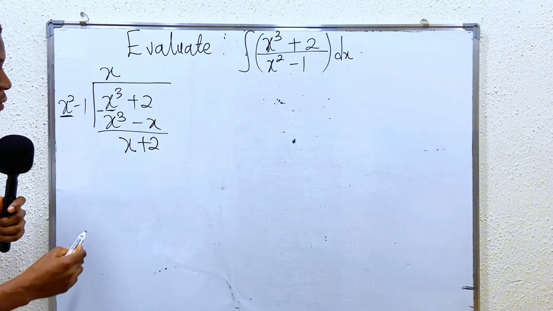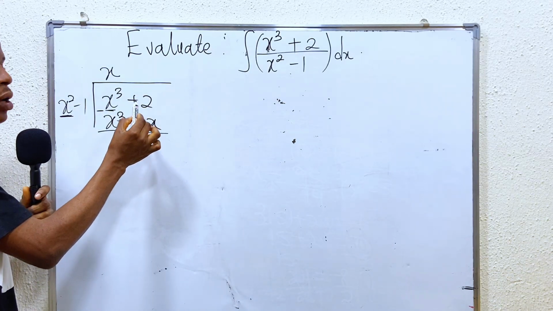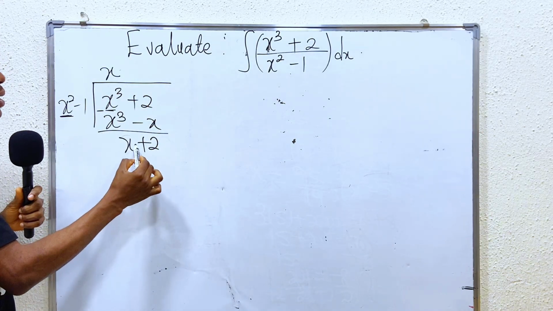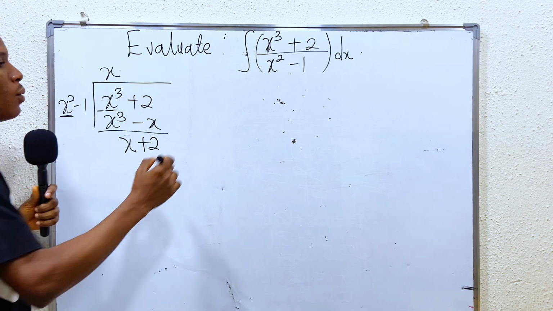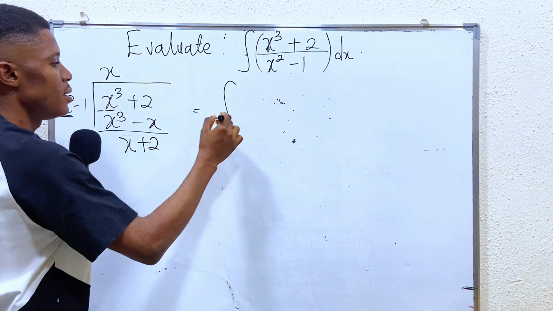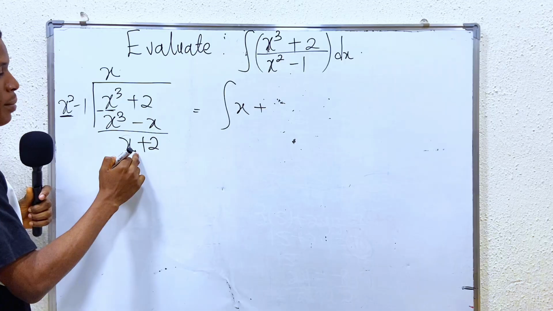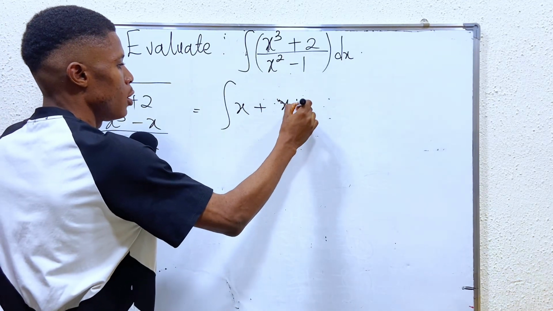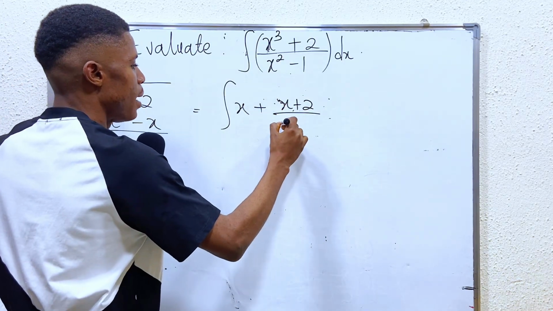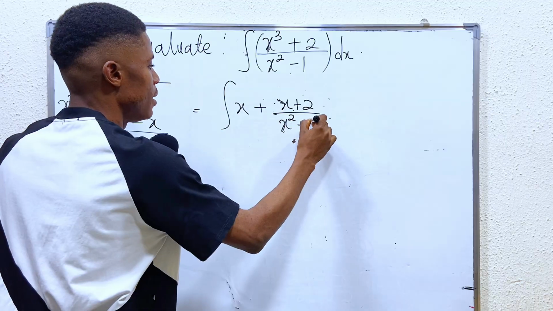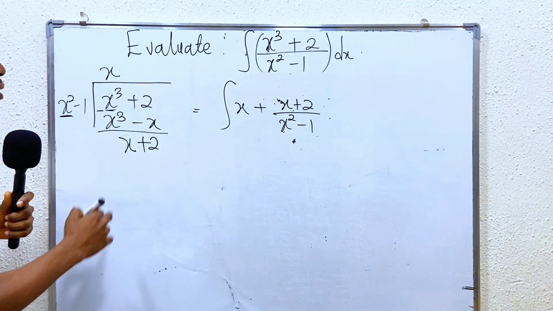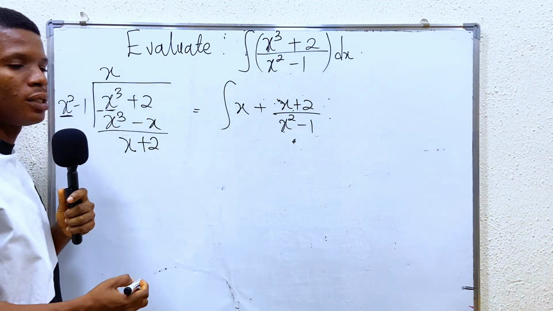So what do we have? When this divides the numerator, we are having x and the remainder is x plus 2. So this integral, we can now write it as the integral of x plus the remainder x plus 2 divided by x squared minus 1. You have now seen that the numerator now has a lower degree.